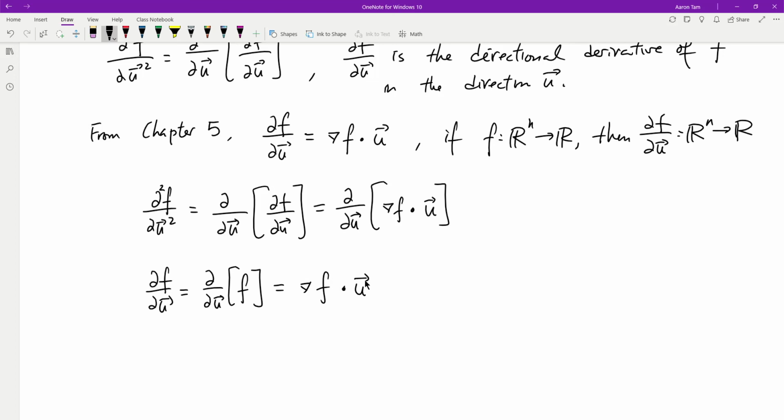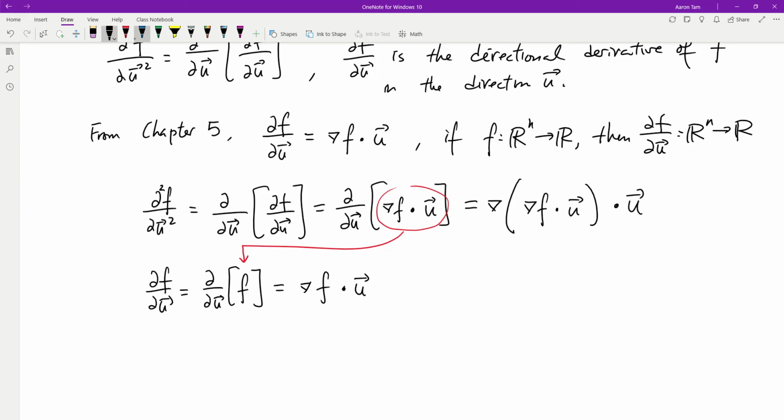Good. So what I'm going to do now is basically do the exact same thing. But notice that this inside is basically now this right here. So according to this statement, what I should have here would be the gradient of what's inside the directional derivative, which is the gradient of f dot vector u, dot vector u.